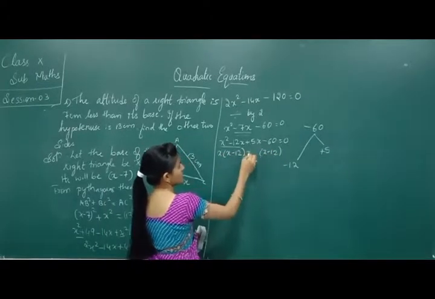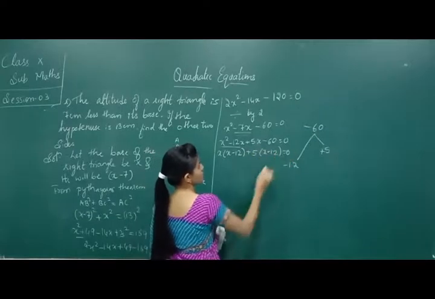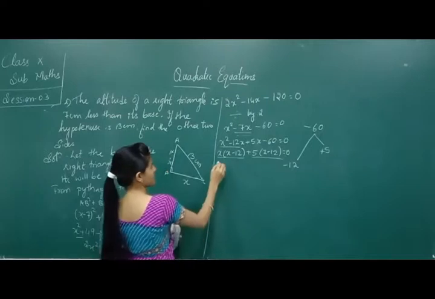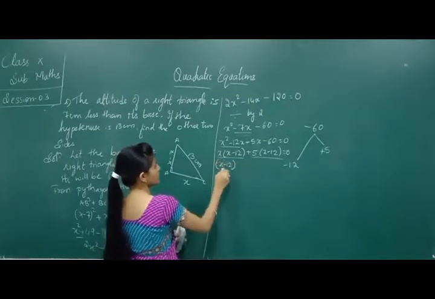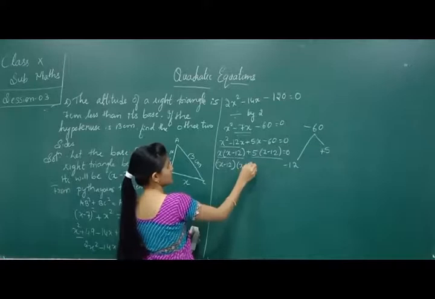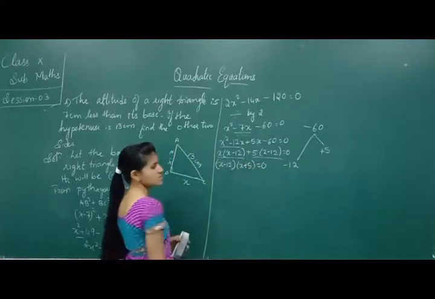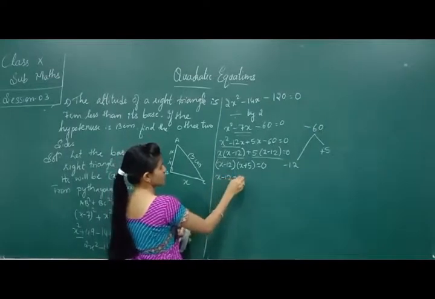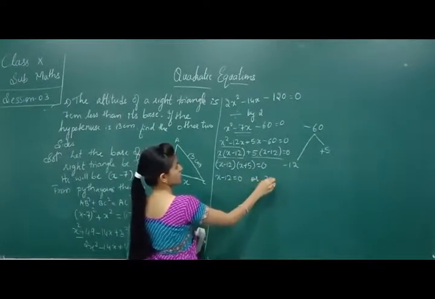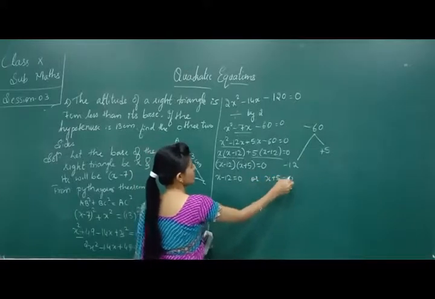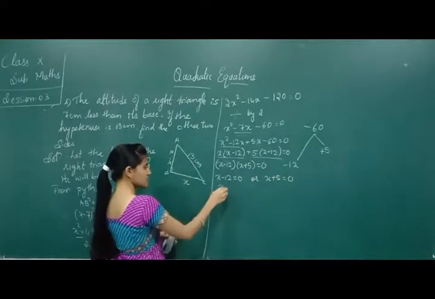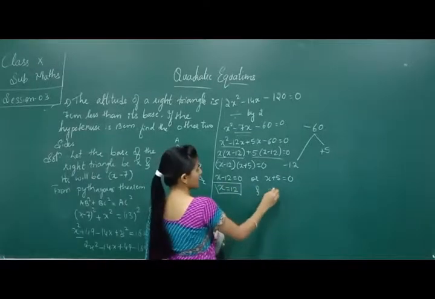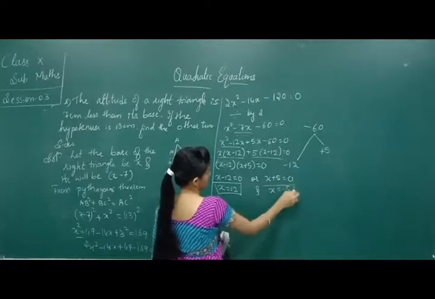I am left here with plus 5, that is equal to 0. x minus 12 is common. x minus 12 into x plus 5 is going to be equal to 0. It means x minus 12 is equal to 0, or x plus 5 is equal to 0. It means x is equal to 12, and x is equal to minus 5.